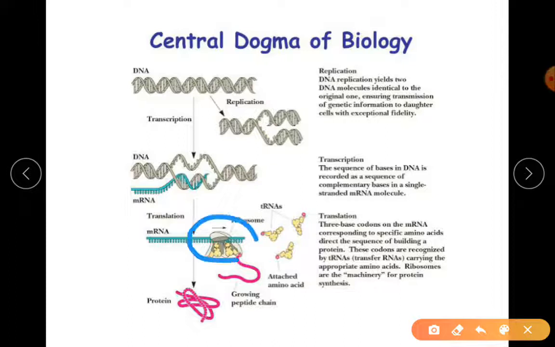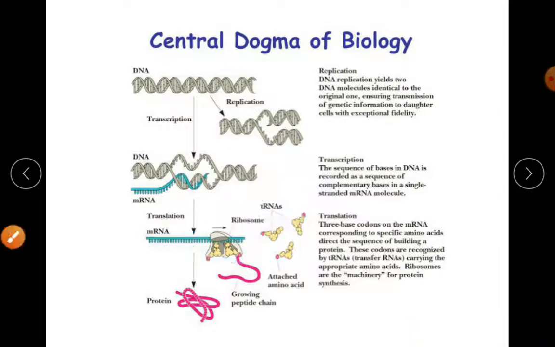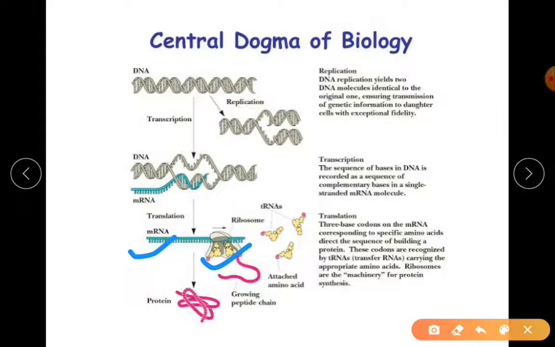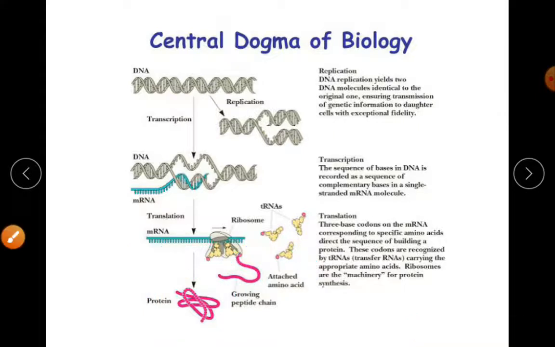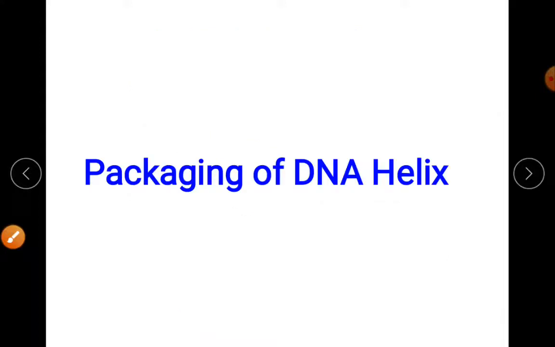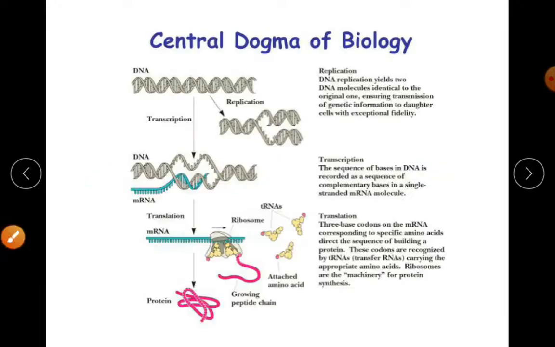Now it is read by whom? It is read by the ribosome. We call it ribosomal RNA, and tRNA carries the amino acid. Once the ribosomal RNA reads the mRNA, your specific amino acid gets attached and your new protein is formed. I hope it is clear. You've got a little idea, I hope, before I go to the packing.